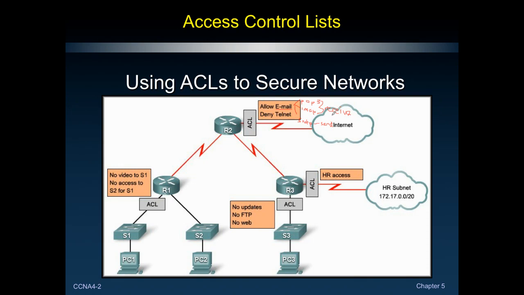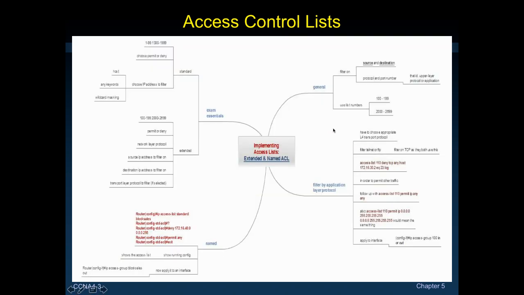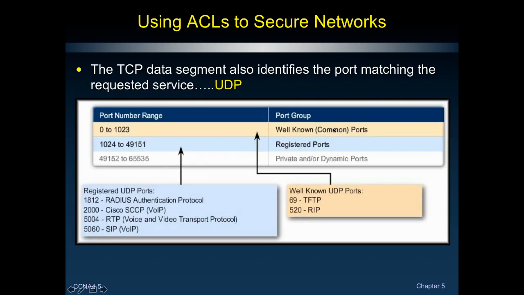So basically here, we can filter based on specific service. So if you were to allow email packet or traffic for email services, you have to allow the port for POP3, port for IMAP, and port for SMTP. And this port is associated with the port number.